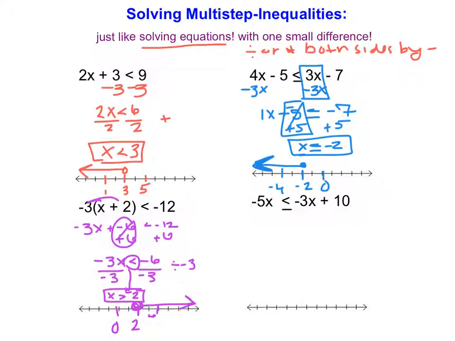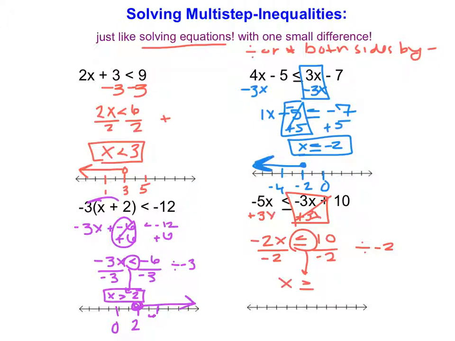All right, and finally this last one here. I notice I have x's on both sides of the inequality, so I'm going to start by adding 3x to each side. Those cancel out, and we're left with negative 2x is less than or equal to 10. We're then going to divide both sides by a negative 2. Notice how we are dividing both sides by a negative, which means our sign is going to flip.